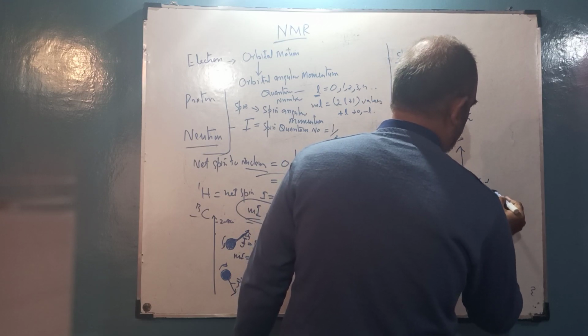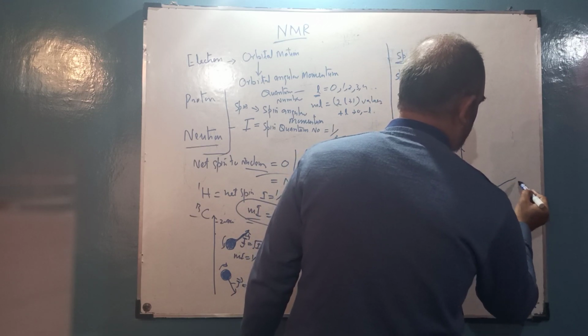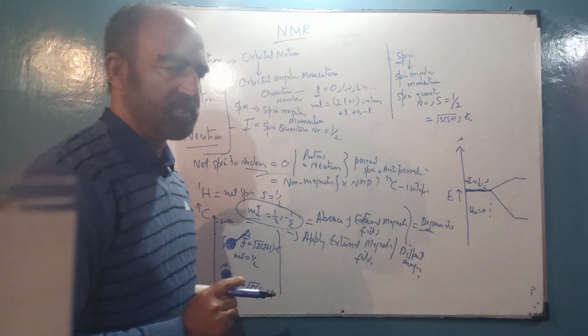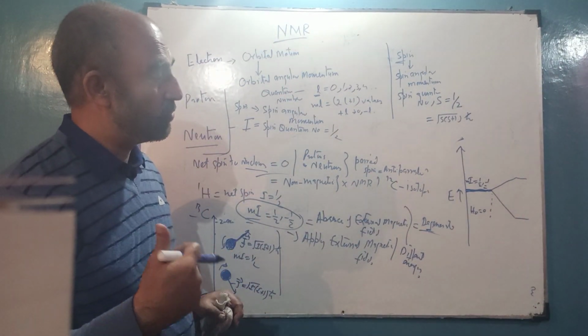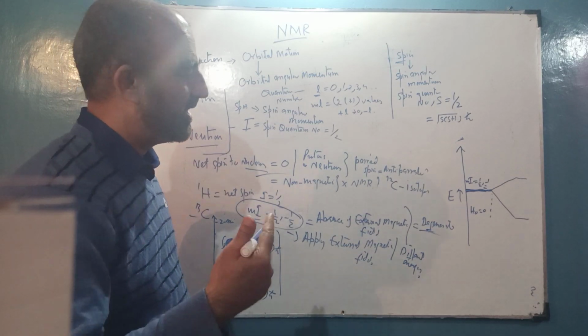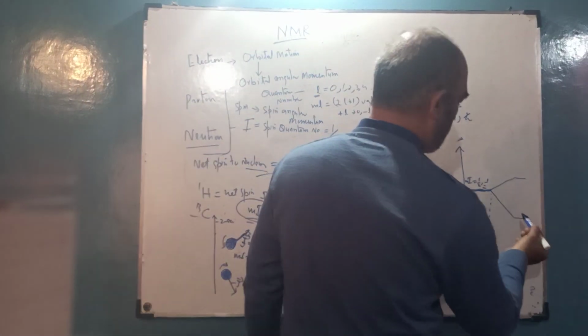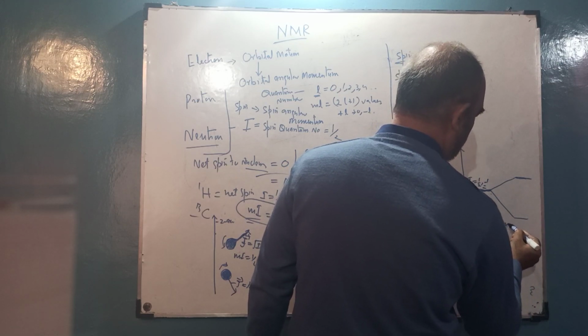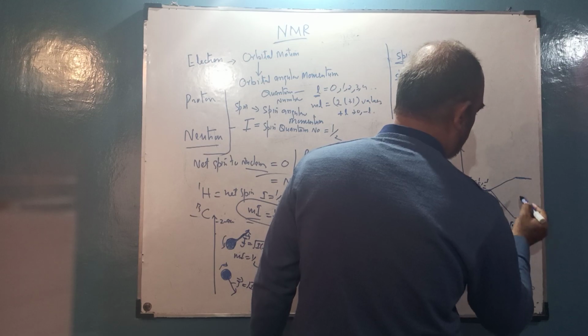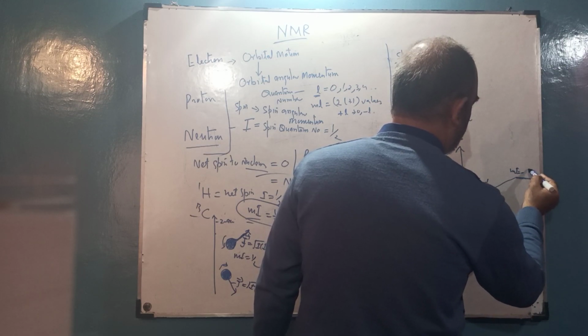But when we put the applied magnetic field, the two spin states, represented by two Mi values or the two orientations of the angular momentum vector, do not belong to the same energy state; they belong to two different energy states. So this is Mi value plus 1/2, this is Mi value minus 1/2.